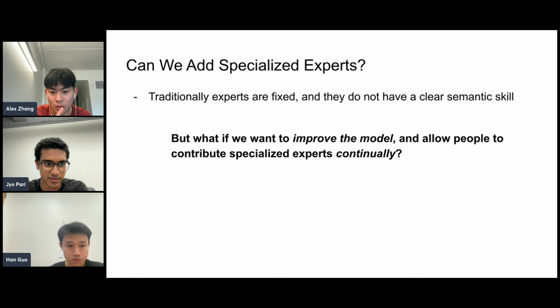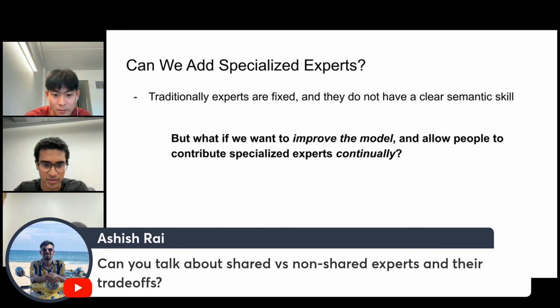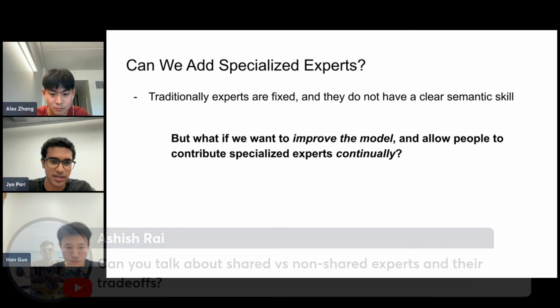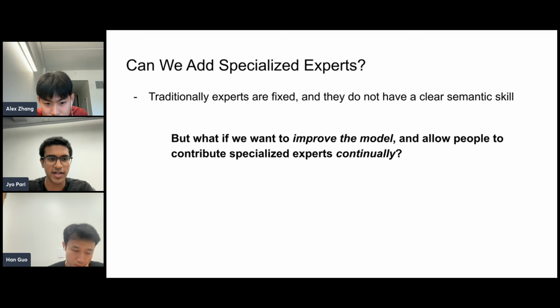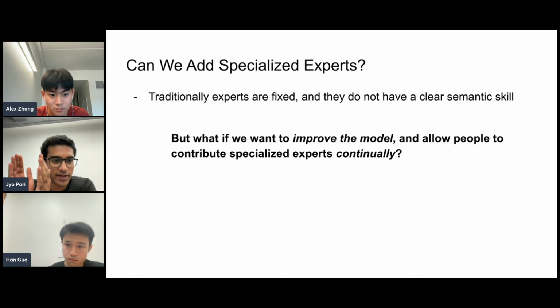But actually, while we're waiting, Ashish had a question. Can you talk about shared versus non-shared experts and their trade-offs? Okay, I can't talk in too much detail about this, but a shared expert at a high level is when you have a common set of experts.